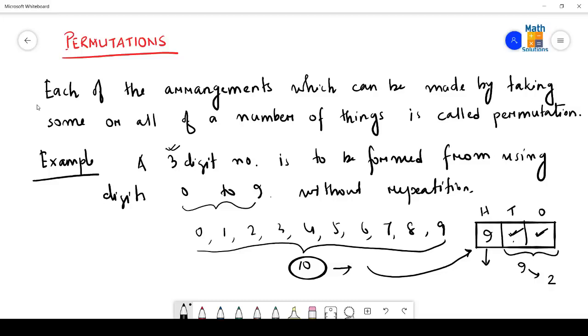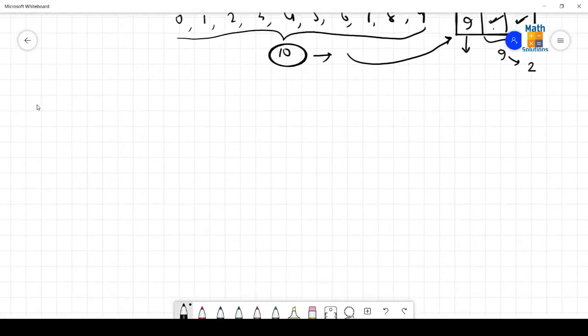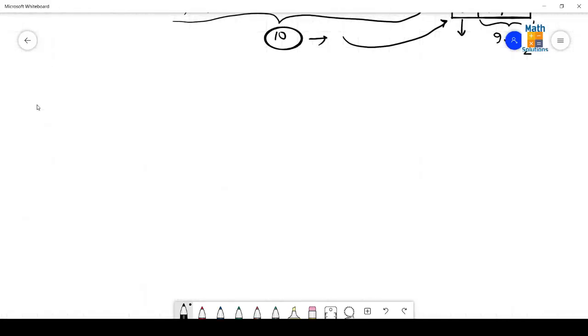So in terms of permutation, how can it be framed? Let us check below. First of all, we have to proceed with the notation, how permutation is denoted. Notation.